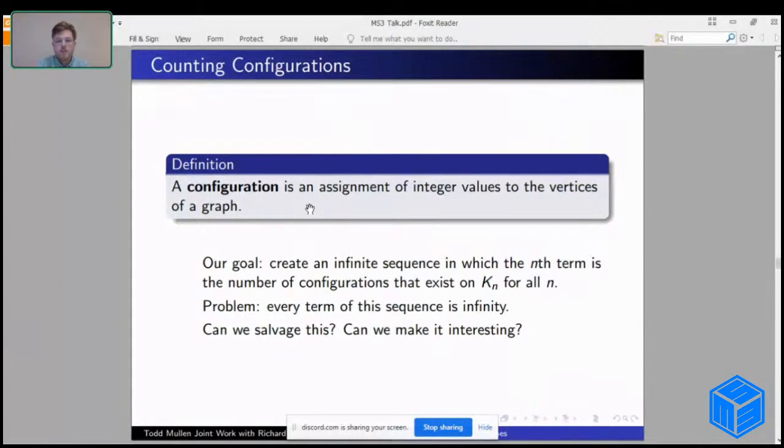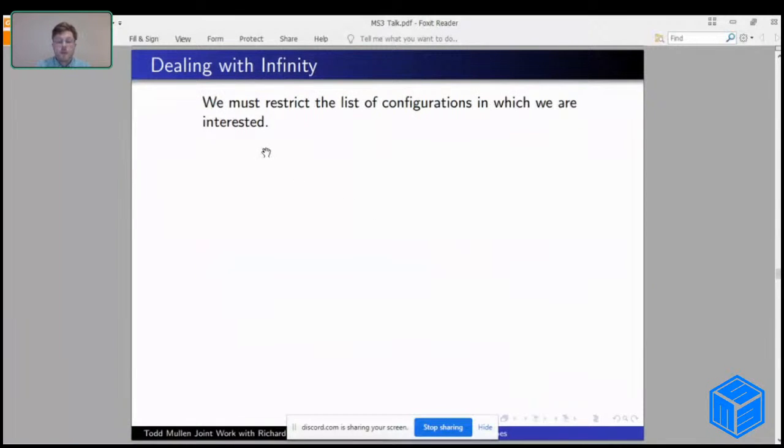Because before you can solve a problem, you need to find an interesting problem. So here, quite clearly, we did not find an interesting problem because our sequence that we wanted to find is just all infinities. So we need to ask a better question. So we're going to restrict the list of configurations down to something finite, down to a better question, and then we can start worrying about answers.